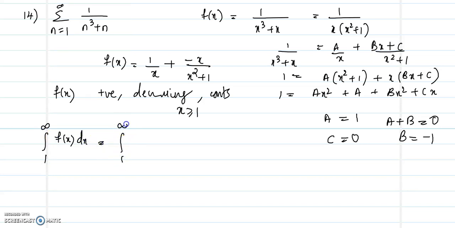So that will be the integral from 1 to infinity of 1 by x minus x by x square plus 1 dx. Now the integral of 1 by x will be log x from 1 to infinity, minus, so let us first evaluate this integral, the integral of x by x square plus 1.